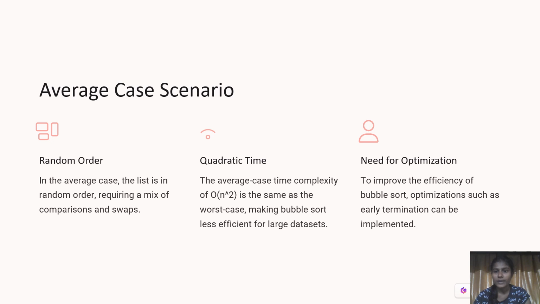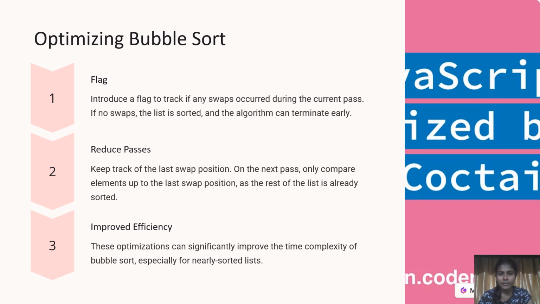Need for optimization. To improve the efficiency of bubble sort, optimization such as early termination can be implemented. Optimizing bubble sort. There are three parts to this: the flag, reduced passes, and improved efficiency.